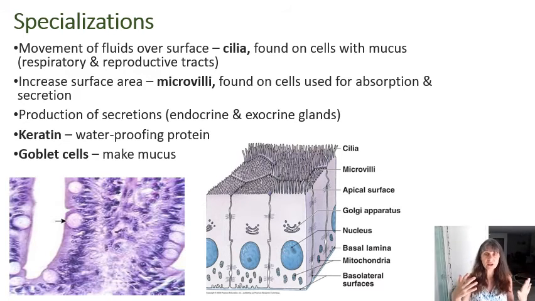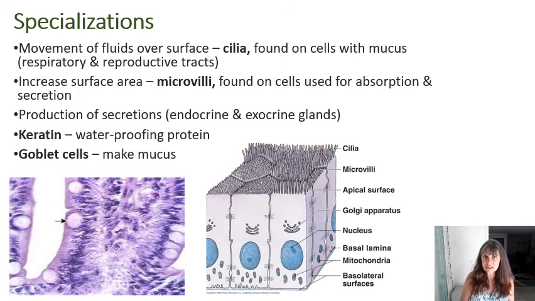So where we have cilia, we're going to see associated mucus in areas like the respiratory and reproductive tracts, versus microvilli for absorption and secretion we would find in certain areas of the intestines or the kidneys. When we want to make sure we're pulling back from what could be urine, we want to maybe pull back some solutes.